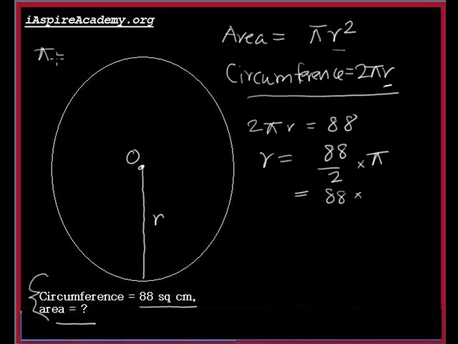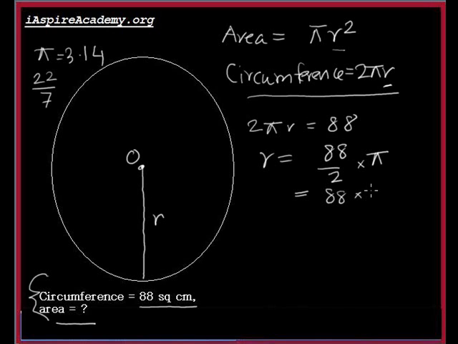I said pi could be 3.14 or 22 by 7. So depending on which situation it is, you can use either of them. Now since 88 is divisible by 22, it may make sense to use 22 by 7. So this is something you have to determine based on what numbers are given.